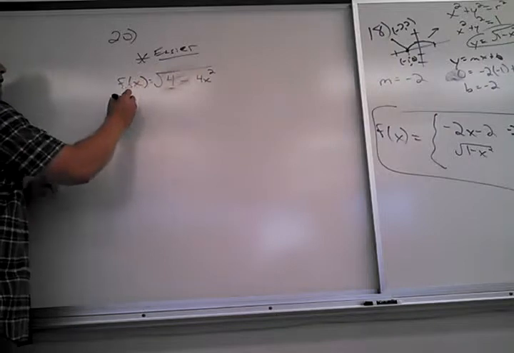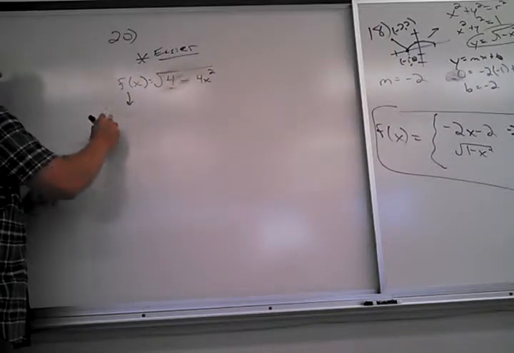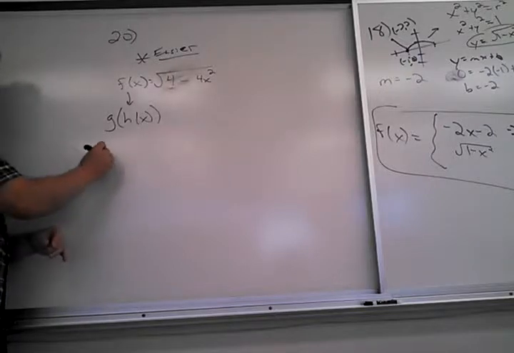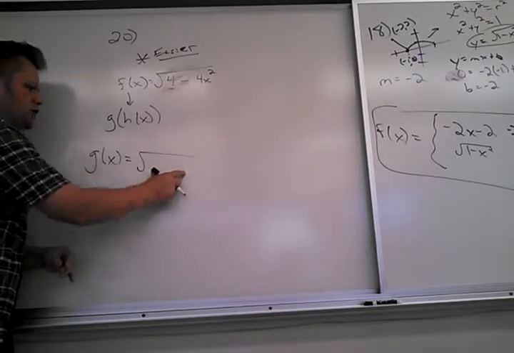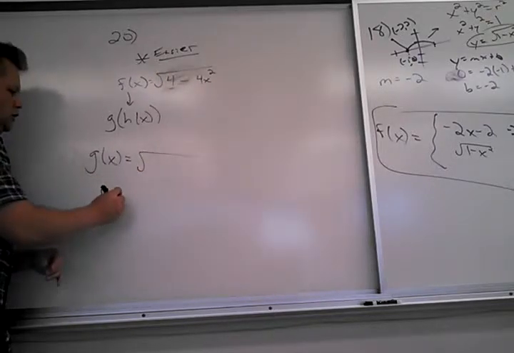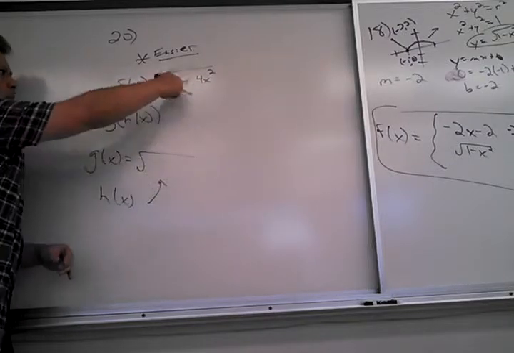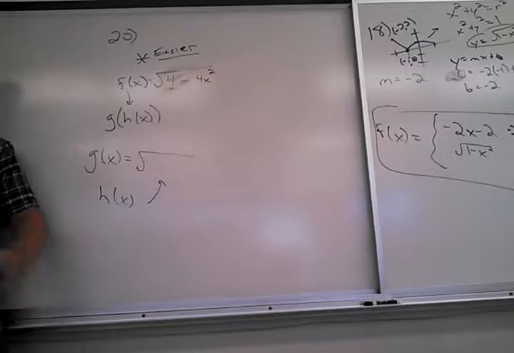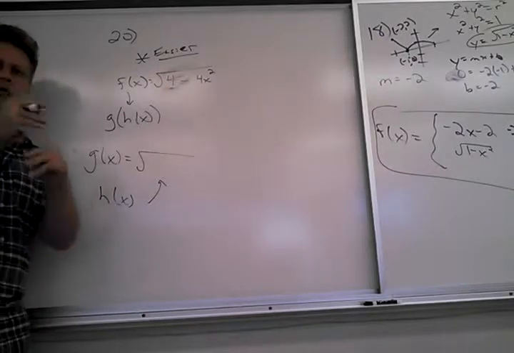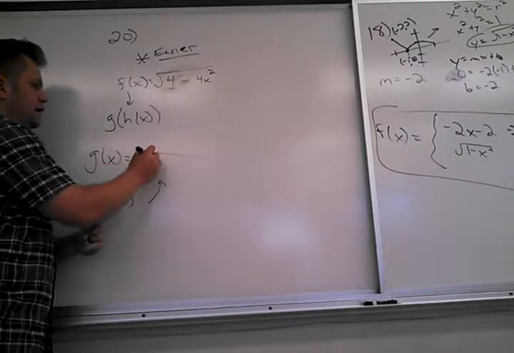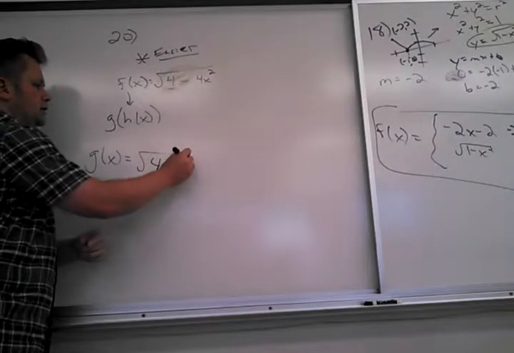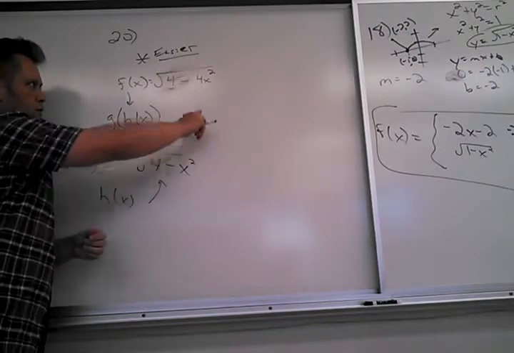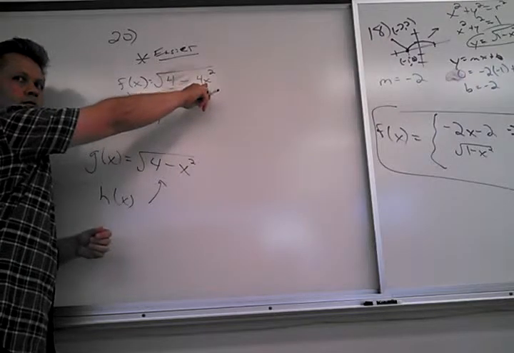So if I say this came from g of h of x, I know g of x has got to be square root of something. And h of x would be what I put in there to make this. As an example, if I say that g of x is square root of 4 minus x squared, what would I put here to make it this? 4x?